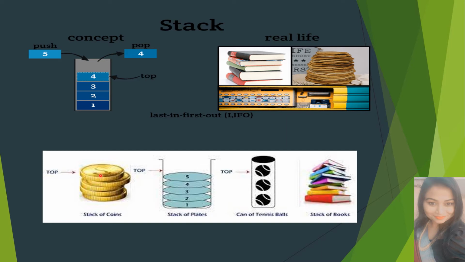These coins are inserted on the basis of the last in, first out concept. One more is the stack of plates. Here the first plate is inserted, then the second, third, fourth, and fifth. These are all inserted on the last in, first out basis.